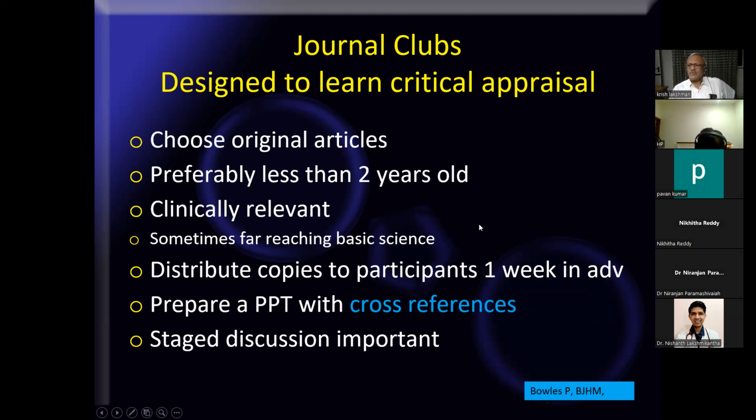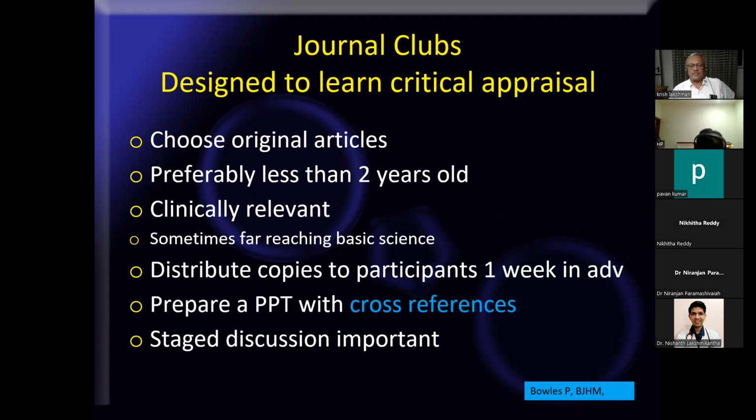The main purpose of a journal club is to learn to do critical appraisal. Critical appraisal, in short, is to know how good the design of a study is, how thoroughly the results have been collated, how properly they have been analyzed, and whether the conclusions are really based on the results of that particular study.